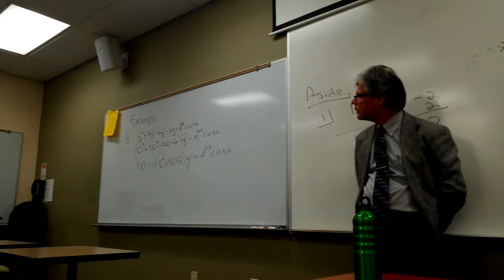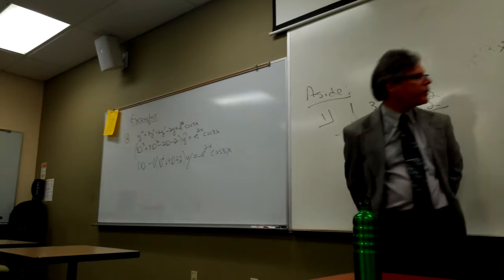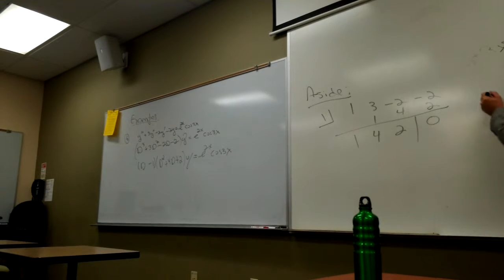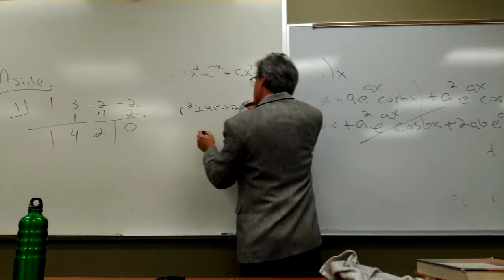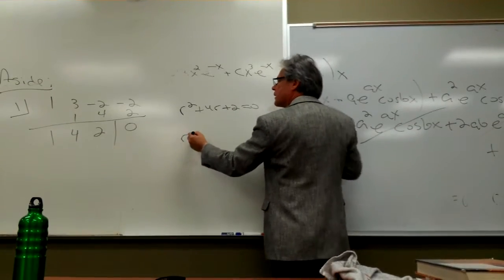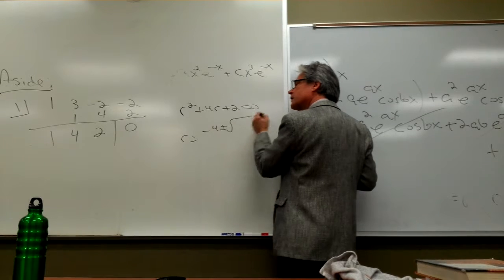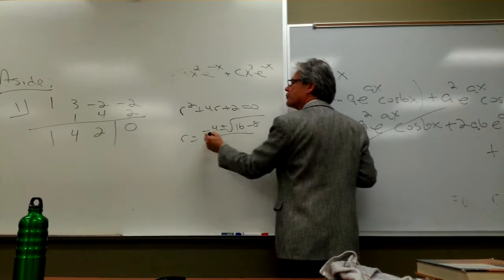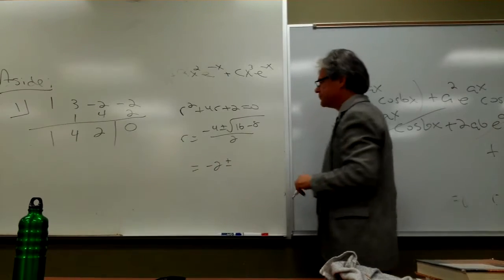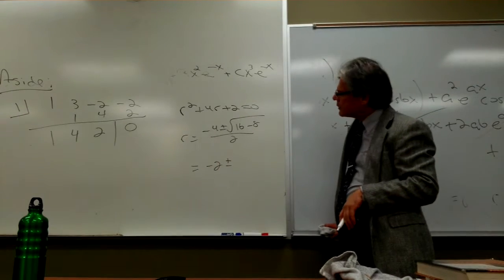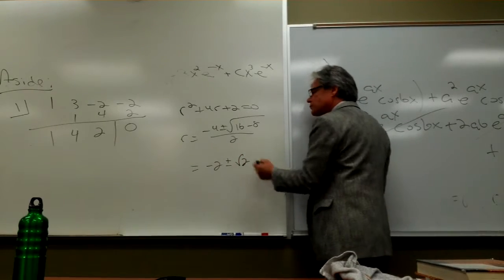We need to work on the D squared plus 4D plus 2 in order to find... I agree. And if I use the quadratic formula to factor that beast, like an r squared plus 4r plus 2, I think I'm going to get my negative b plus or minus the square root of b squared minus 4ac all over 2a. Or shall I say a negative 2 plus or minus, is that a root 2?